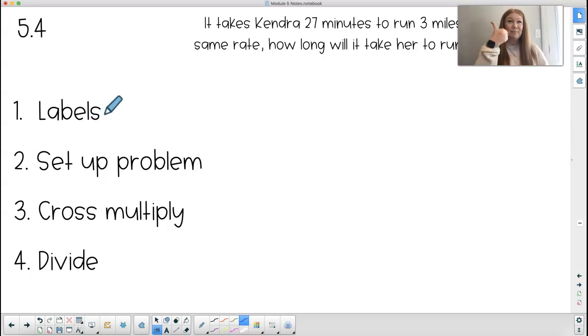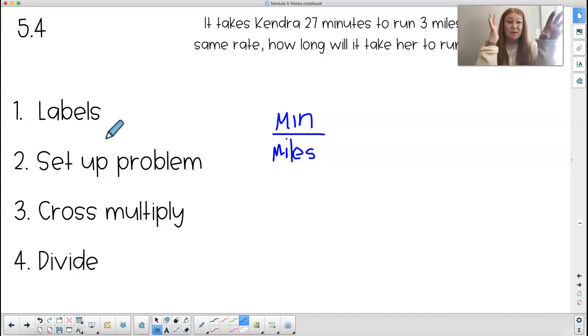Step number 1, you have to do that. We're going to do our minutes here, and we're going to put it over miles. Every time I talk about minutes, it's going to go on the top. Every time I talk about miles, it's going to go on the bottom. So there's my labels. Now I'm going to set up the problem.